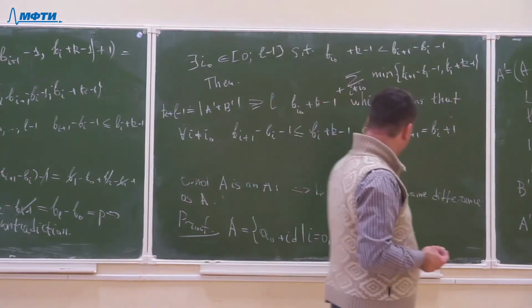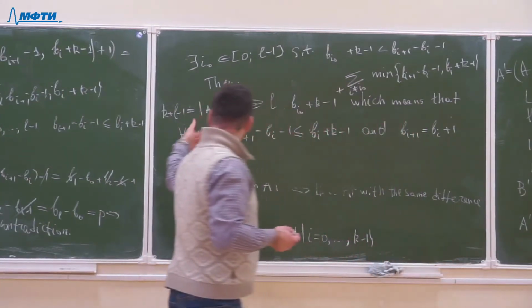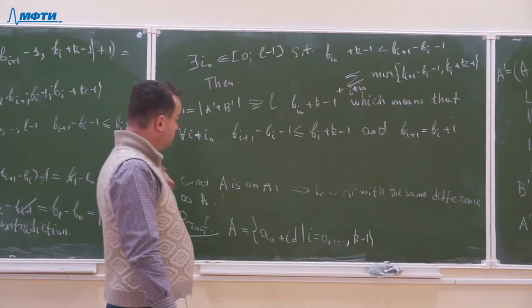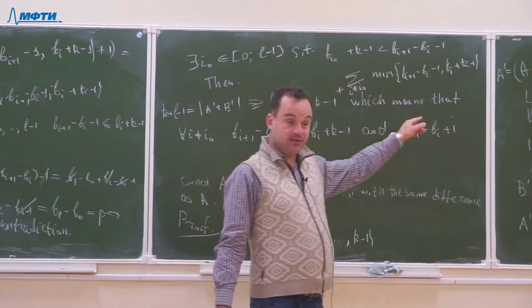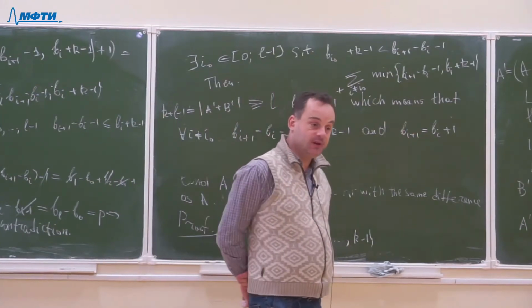So for any I which is not I0, Bi plus 1 must be Bi plus 1.